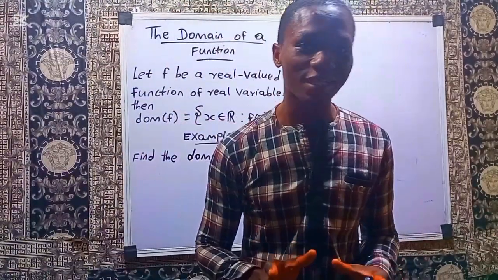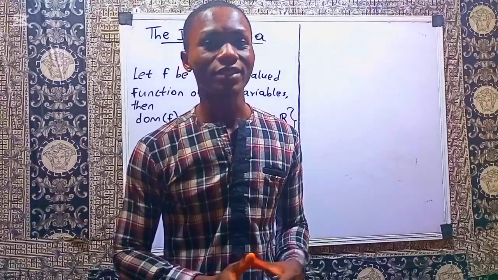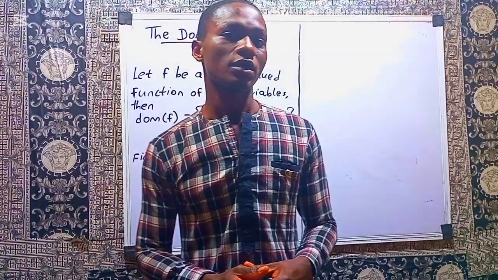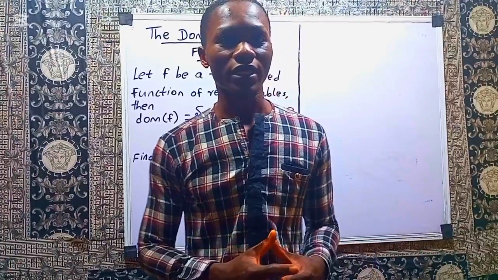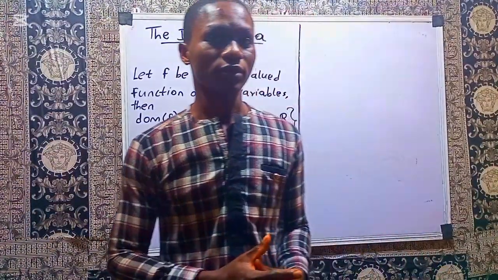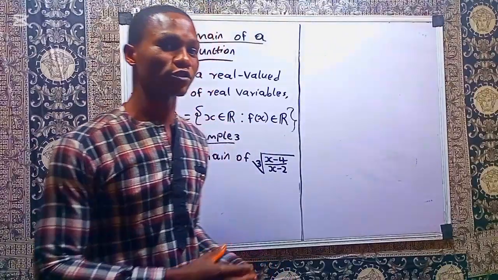This is mathematics class. Today we'll be considering this topic we introduced in our previous classes. We'll be considering more examples on this topic. So, in our previous class, we defined the domain of a function.